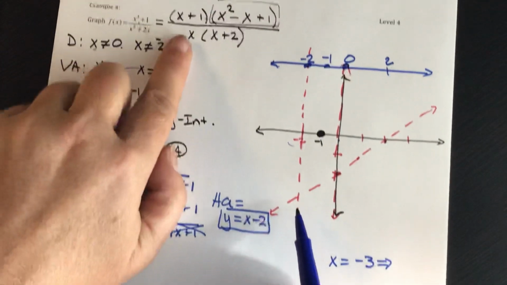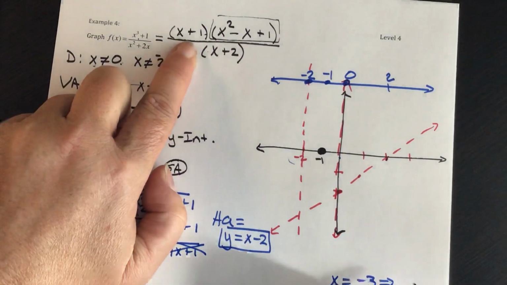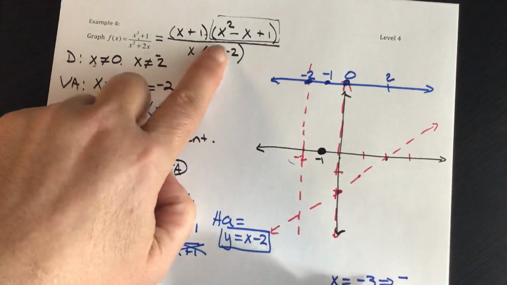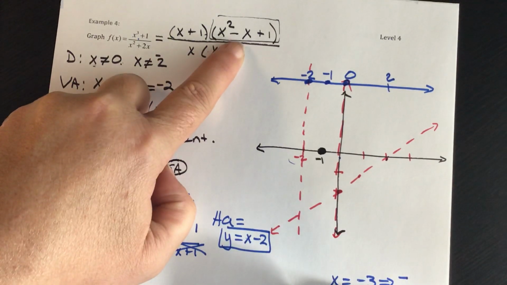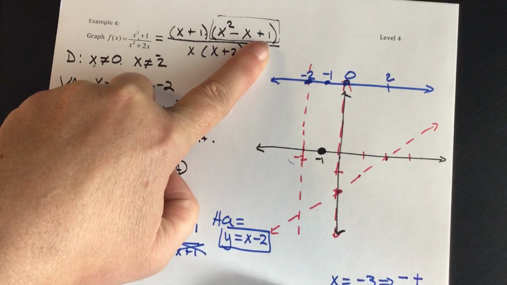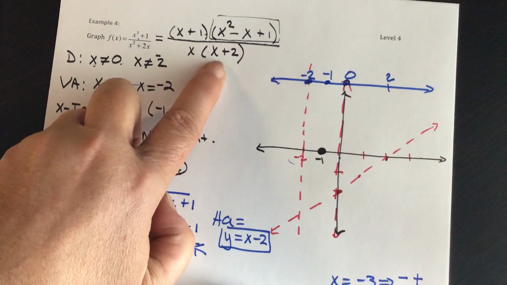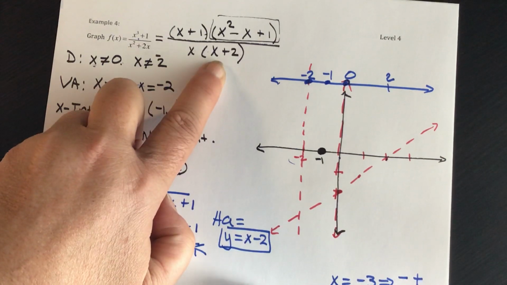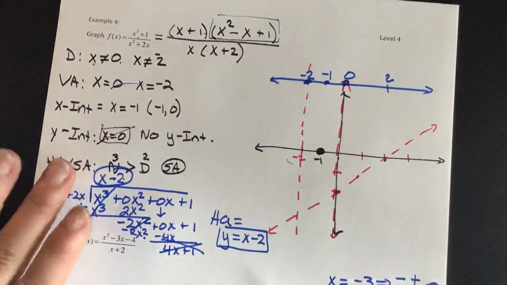I'm going to go back to my function. At -3 plus 1 is a negative. Then -3 squared is +9 minus -3, that's 12, that's 13, that's positive. On the denominator, I have a negative for -3, and -3 plus 2 is negative. So at -3, my graph is going to be negative.